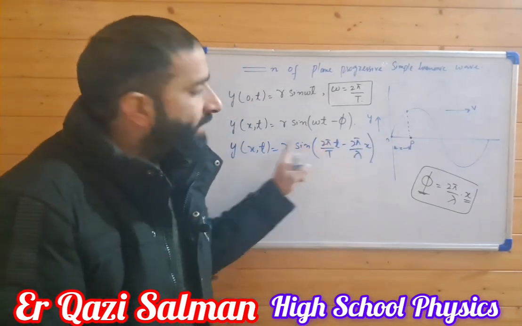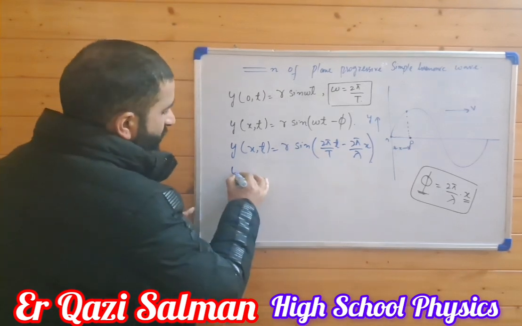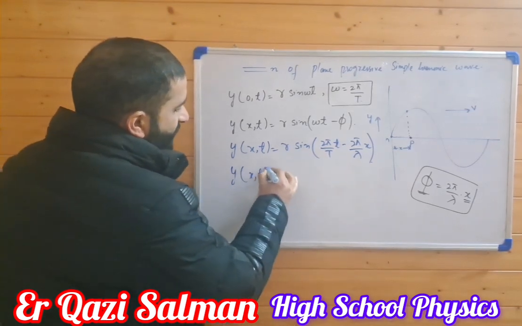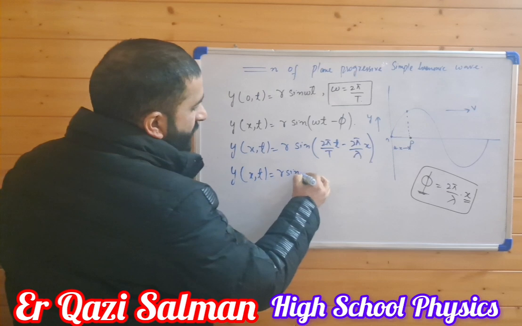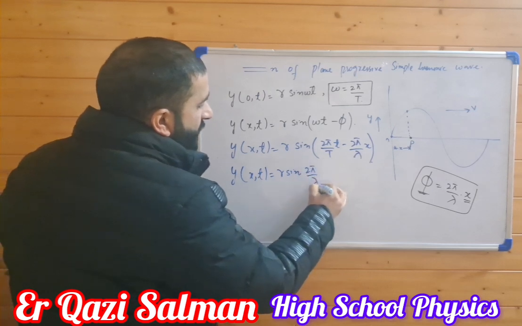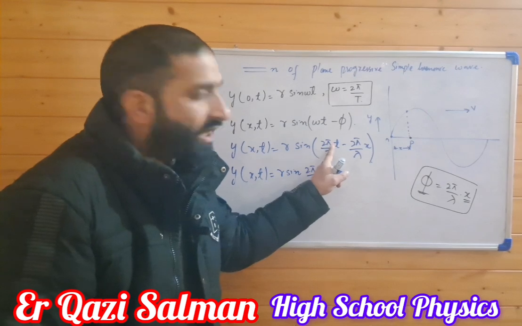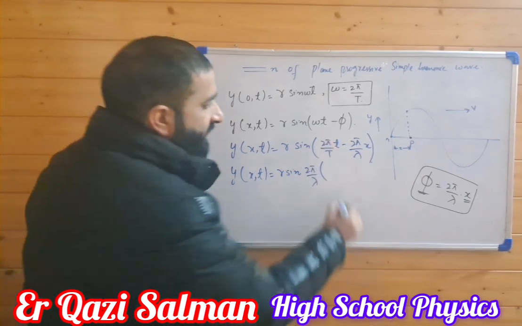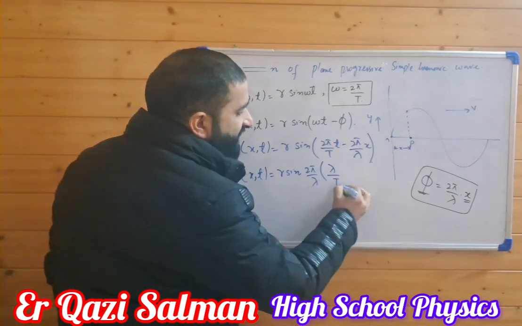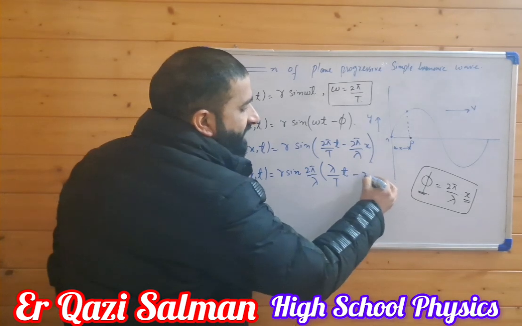Now taking 2 pi by lambda common, here we have not lambda, so lambda appears in the numerator. So lambda divided by T into t minus x.